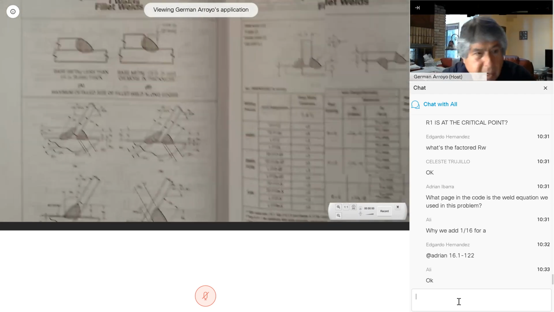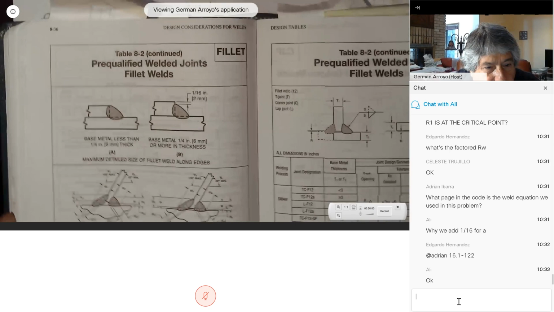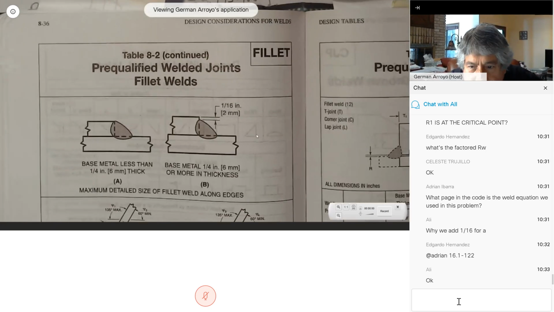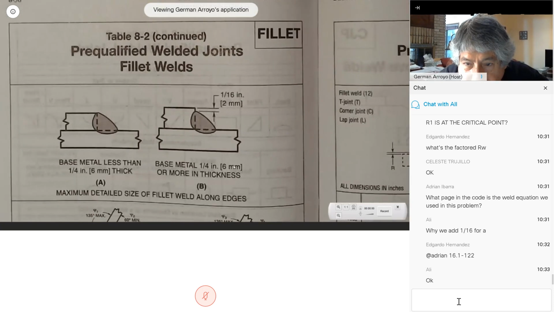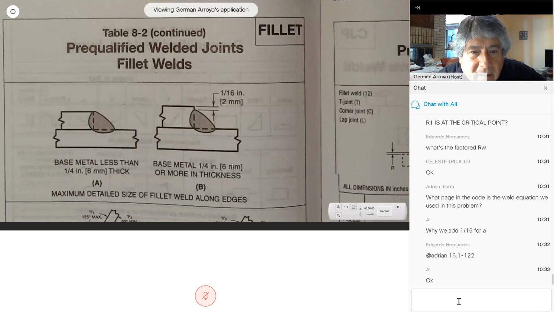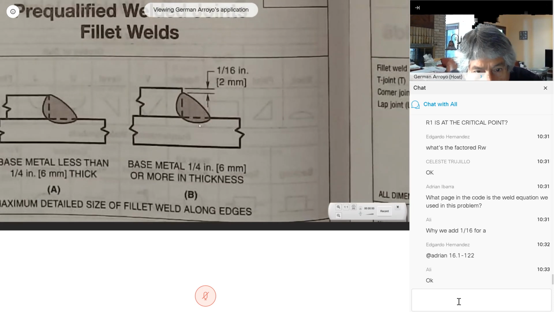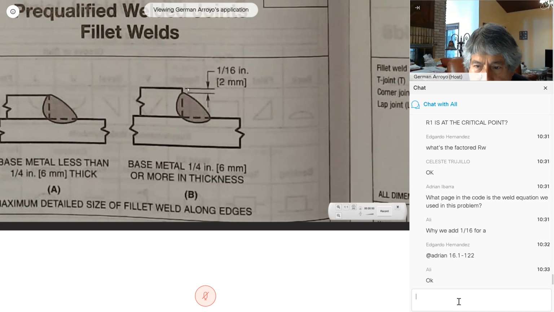This is chapter 8, page 36. Look, I had the size of the weld. I need to add 116 to have the plate. Okay. Any other question?